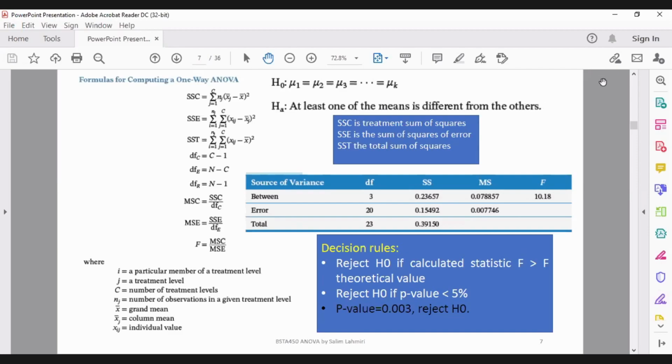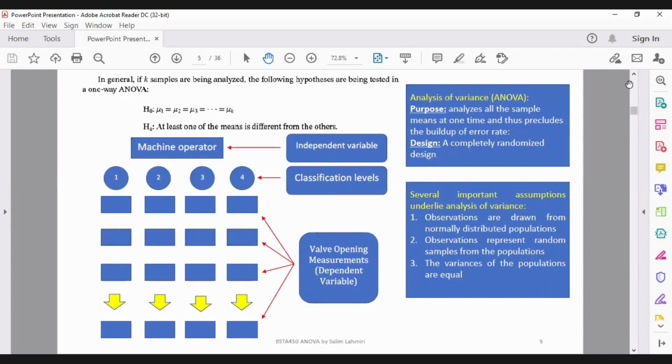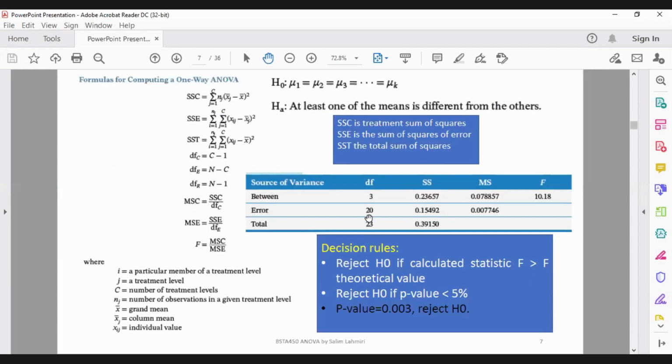In the previous example, k is equal to 4 because we got 4 experiments. So the null hypothesis is that all experiments have the same mean.